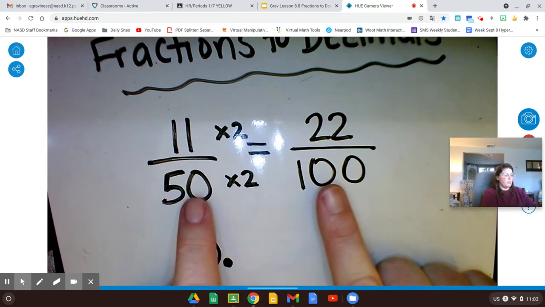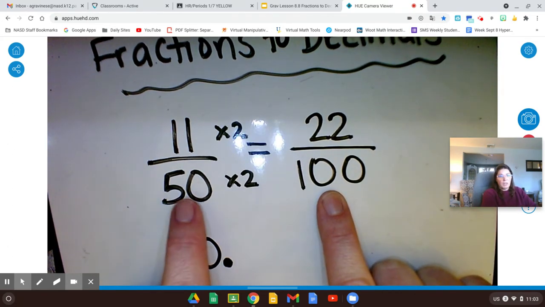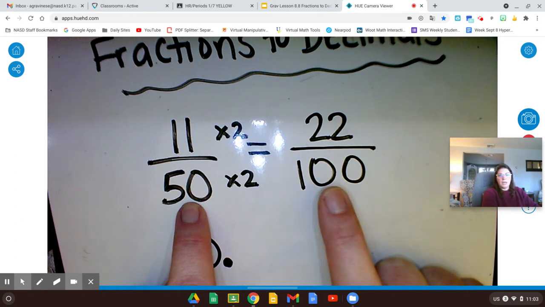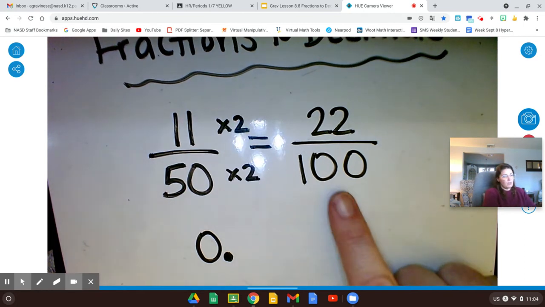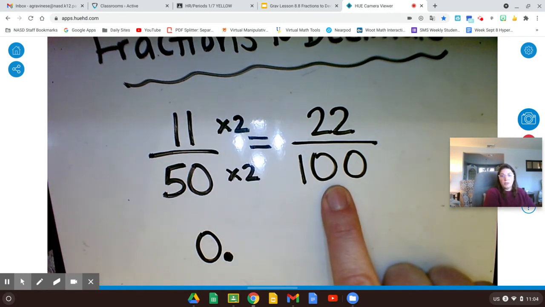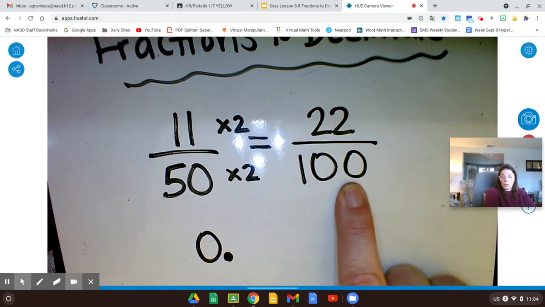And what I've done is made an equivalent fraction. 11 fiftieths is the same amount of space as 22 hundredths. They are equivalent. It's just this fraction here has a lot more pieces and they're smaller, but it shows the same amount of space. So now what? I've made a fraction that's equivalent with a denominator of 100.